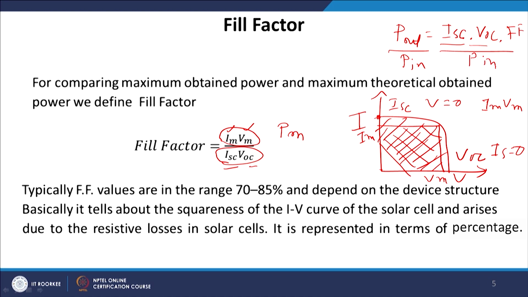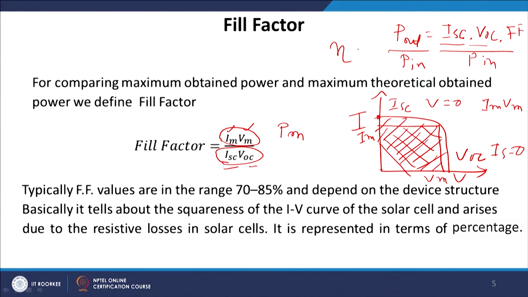But what is this output power by input power? This is nothing but the efficiency of a solar cell. So, the efficiency of a solar cell, eta, is defined as the output power to the input power. We will come to this point later in detail, and as you can see, this efficiency is equal to the short circuit current times open circuit voltage times fill factor divided by P input.